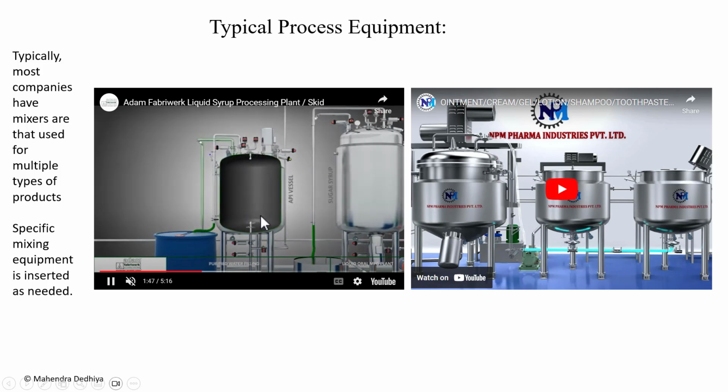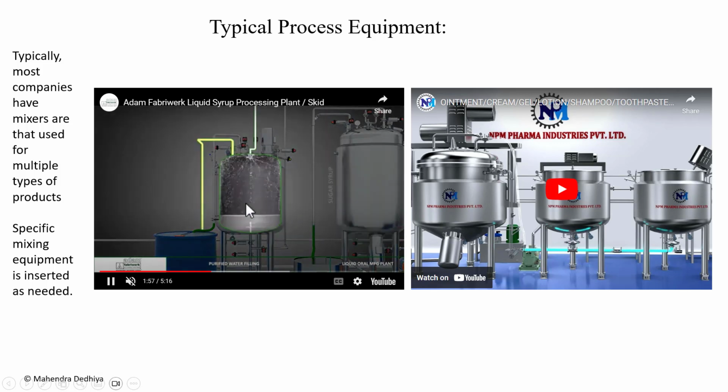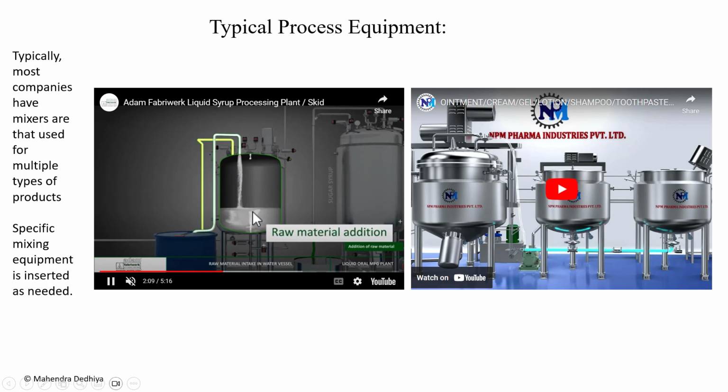So this is active, hydrated, and active will be added to it. Active in this case will be insoluble. Again, this is a bottom-driven mixer, and a homogenizer can be added. In addition to that, other raw materials can be added for hydration.